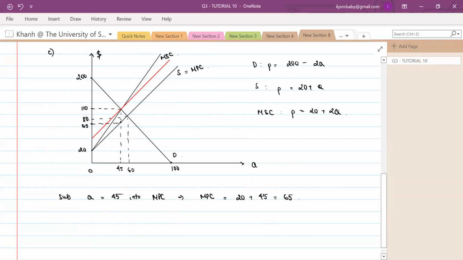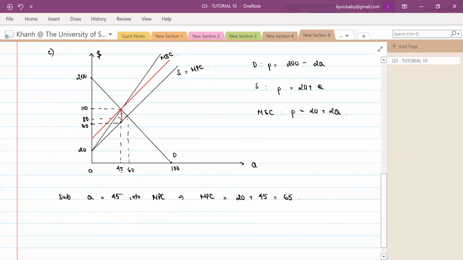If I impose a tax which is exactly equal to the value of the externality over here, which is the gap over here, that is the difference between 110 and 65.